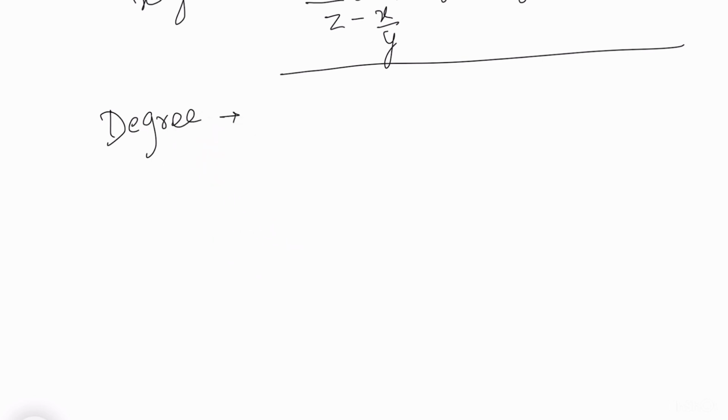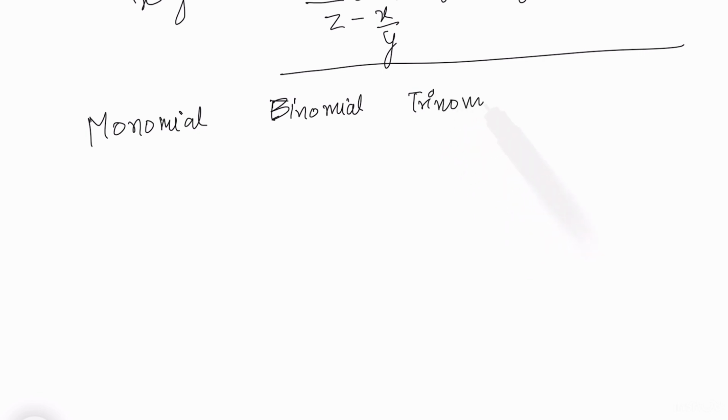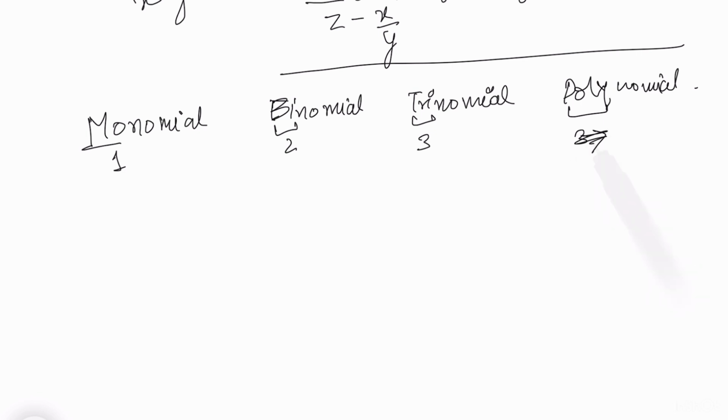And before that we need to know about polynomials. There are 3 categories: monomial, binomial, trinomial. Don't be scared of these terms, this is nothing, they have just given these names. You all know that mono means 1, bi means 2, tri means 3, and poly means more than 3.